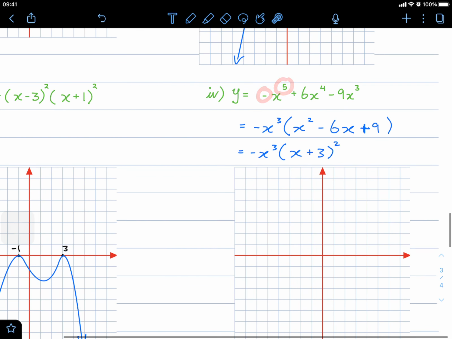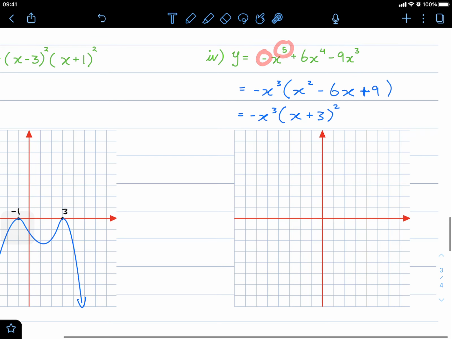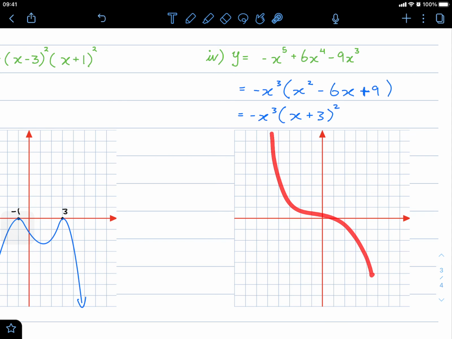So going back through the properties of negative degree polynomials, a cubic does this, a negative cubic does this, and since it's also a negative polynomial, it should look something like that. It starts here, ends here.